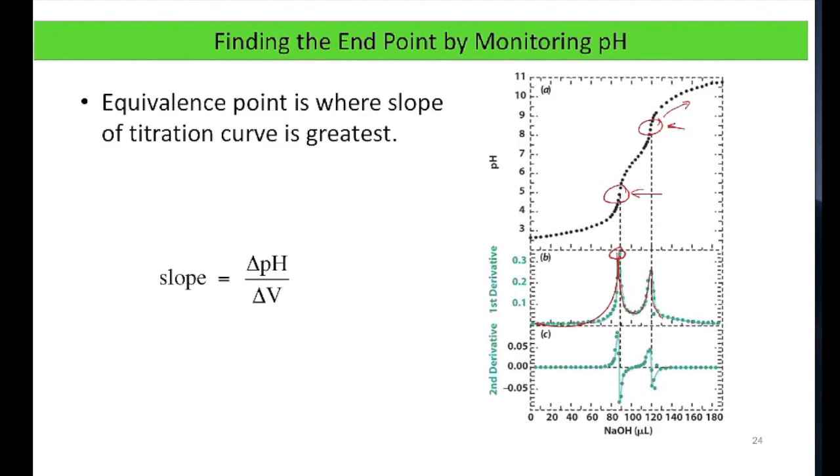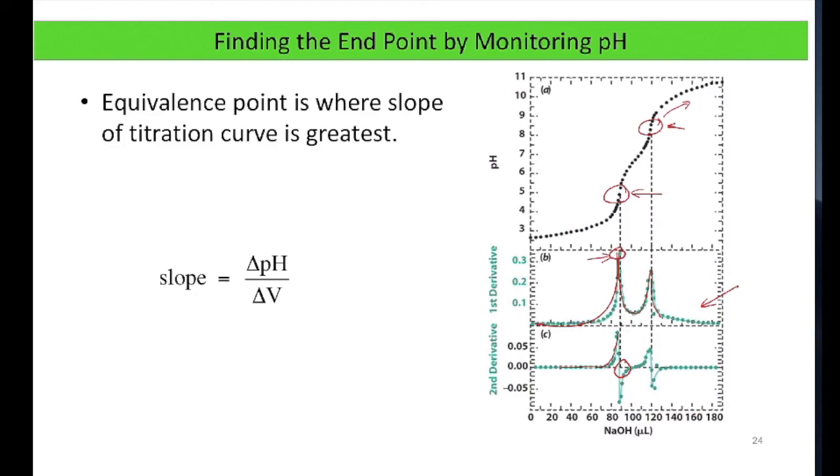To be a little bit more accurate, you can use a second derivative, which is monitoring the slope of the first derivative curve. So how does the slope of the first derivative curve change? Again, it starts off slowly increasing. It gets to a point where it's at its highest increase, and then where it crosses the x-axis is right at the tip, or the very peak of that curve there.